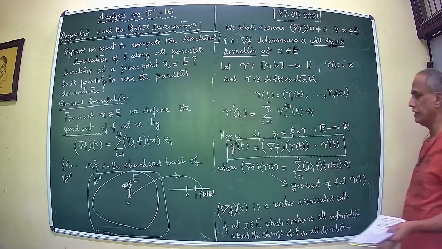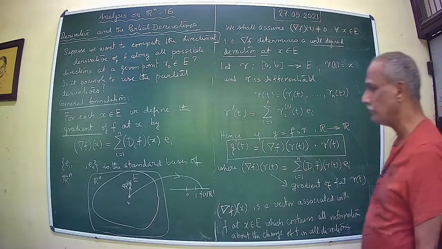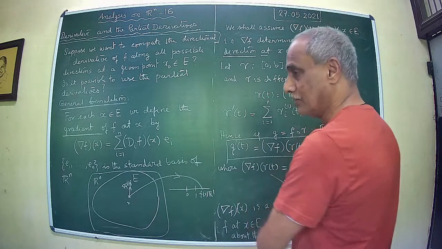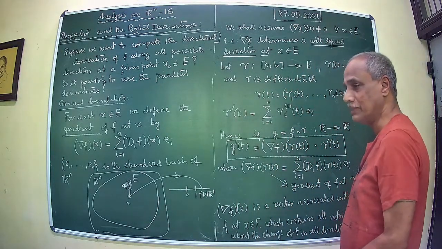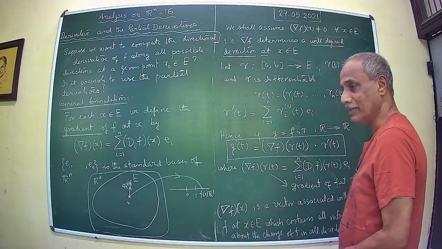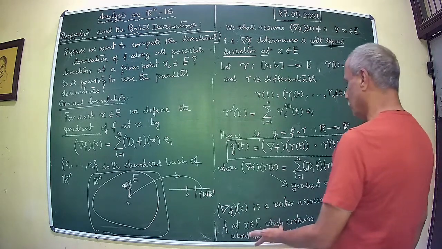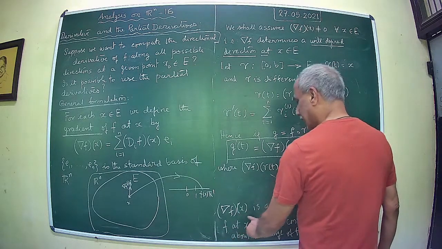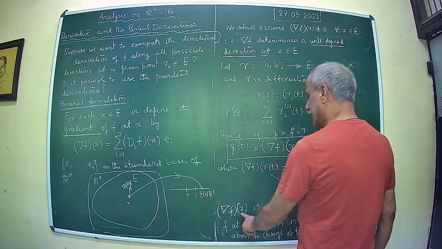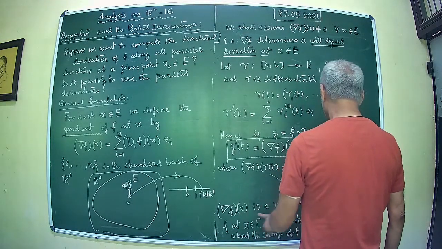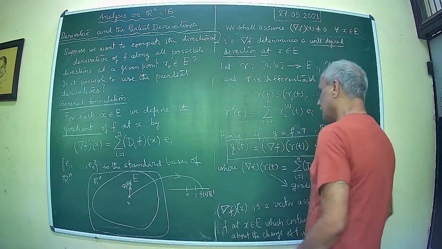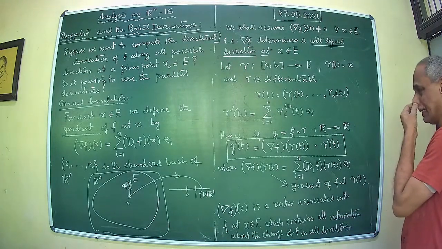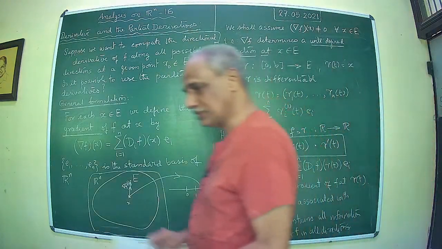What do I mean by that? So if you want to know the change of f along a particular direction, you introduce a curve gamma whose derivative at that point is given by gamma derivative, and then you evaluate grad f at the point gamma t, and take the dot product with gamma derivative. So that gives you the rate of change of f along that direction. Okay, that's what we mean by it.